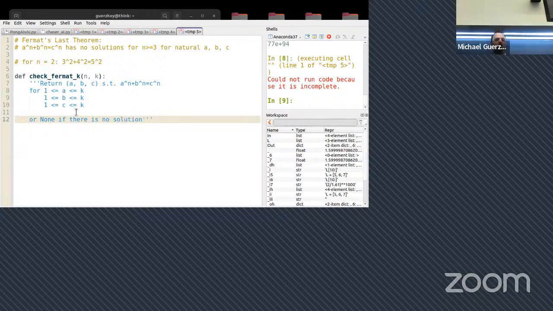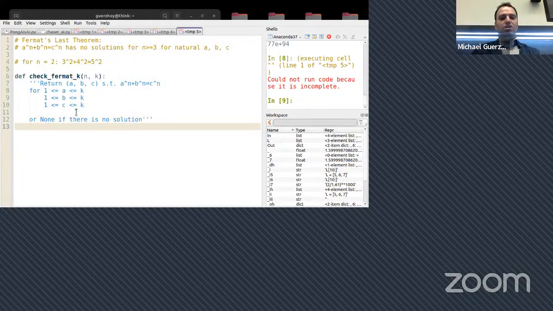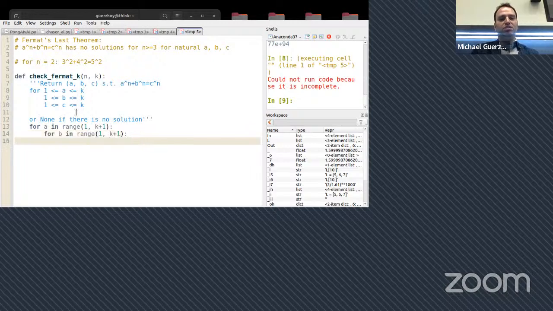And that function is easy. You just try all the possible a, b and c. If you find a solution, great. If not, you return none. So I'll say for a in range 1 to k plus 1, so a goes from 1 to k, and then for b in range 1 to k plus 1, then for c in range 1 to k plus 1.